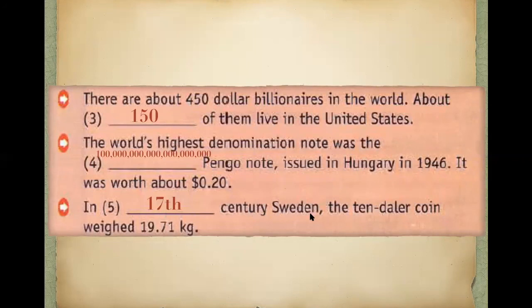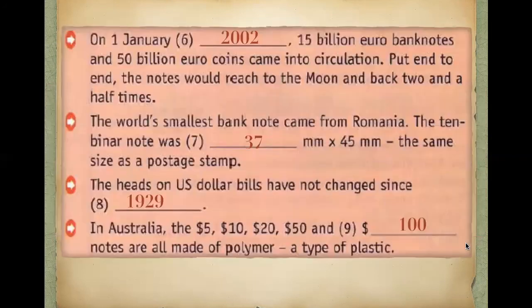In 17th century Sweden, the $10 coin weighed 19.71 kilograms. On January the 1st in 2002, the 10 dinar note was 34 millimeters by 45 millimeters, the same size. The heads on US dollar bills have not changed since 1929. In Australia, the $5, $10, $20, $50, and $100 notes are all made of polymer, a type of plastic.